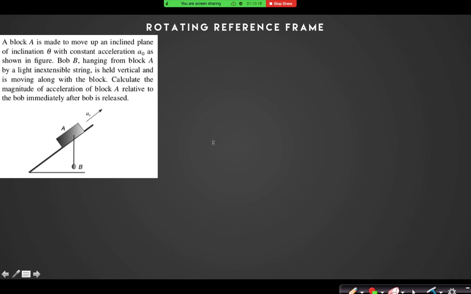So now if I analyze that situation with respect to A, then what are the accelerations of B? With respect to A, B can only move in a circle, yes or no?